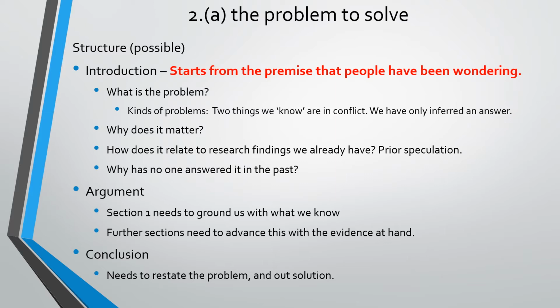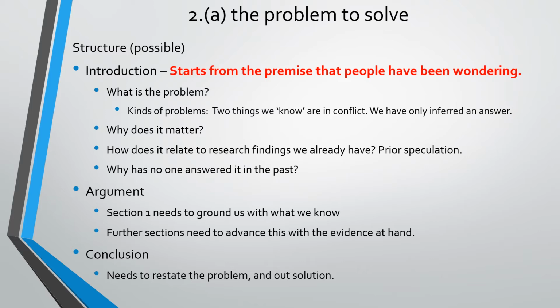And you need to indicate why no one has addressed this in the past. That's something that's quite easy to forget about if you are writing your first article or book chapter. But it's very important to indicate why people haven't looked at this directly in the past. Maybe it's because the data hasn't been available before your research or for some other reason.